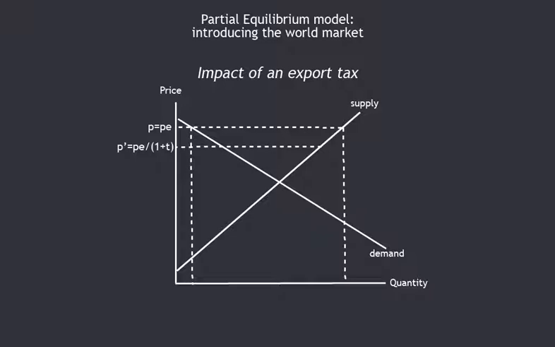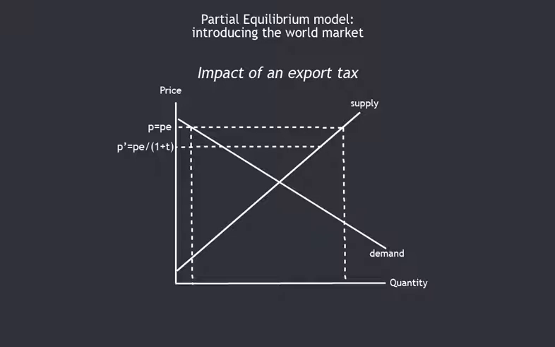For example, if you have a world price of 100 and a tax of 30%, the local price is equal to 100 over 1.3, which is something like 77.